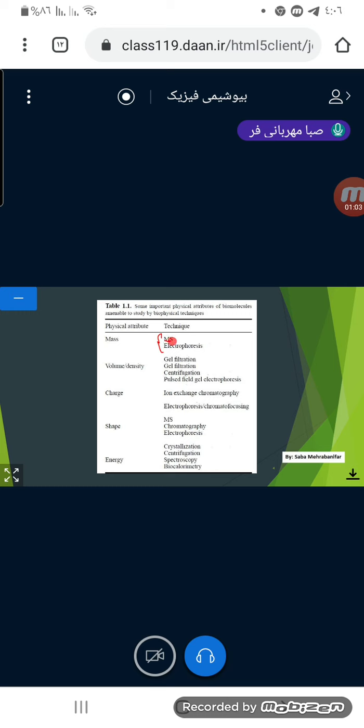MS. What is the symbol? It's the symbol of mass spectroscopy. It's a technique.